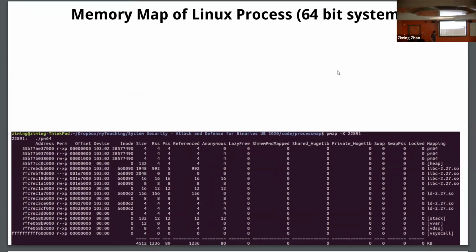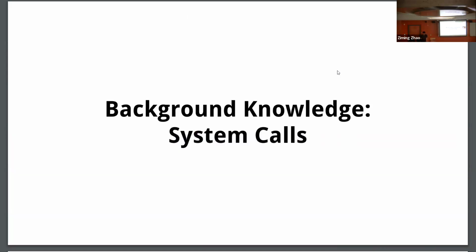The difference you can see is the address is much longer. Now the address is 64-bit, and we are still mapping those different things: the program, the heap, the library, the interpreter, stack, and also some other regions mapped into the memory address.